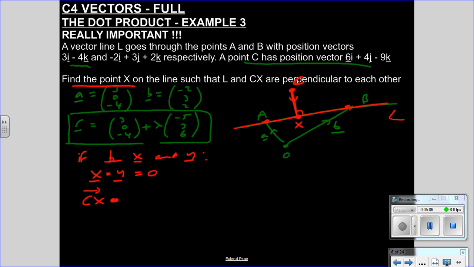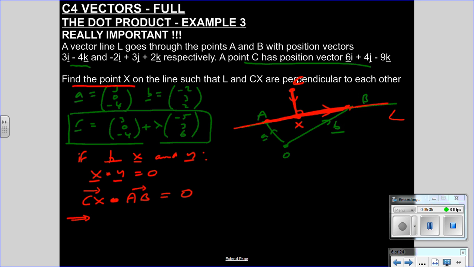What's the direction of the line? The direction is the direction vector, and the direction vector is A to B. You're comparing this vector A to B with C to X. We know that this dot product is 0, and therefore we can exploit this fact and start working this out.